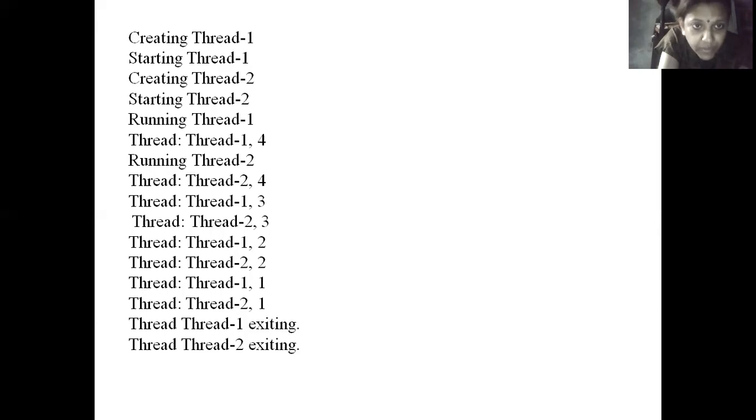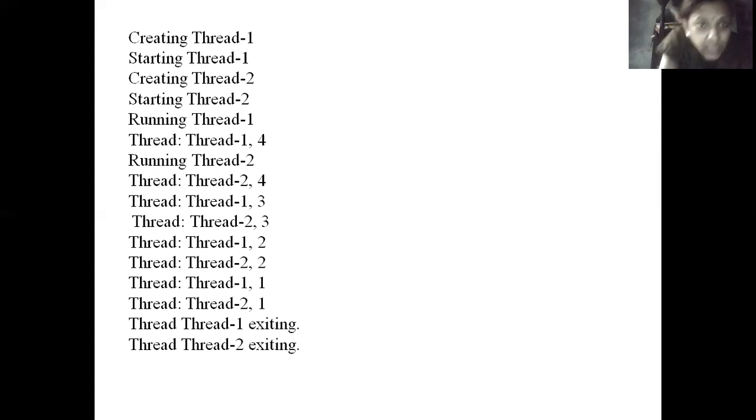It will print running thread 1, thread 1, 4. That will be printed due to the for loop; inside the for loop, these things are specified. So it's running, then it's going to its sleep phase. Then the second thread is running. So total 4, 3, 2, 1. You know the loop runs 4 times.